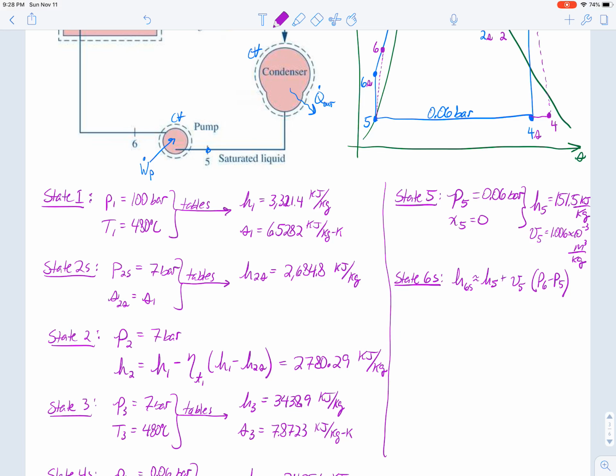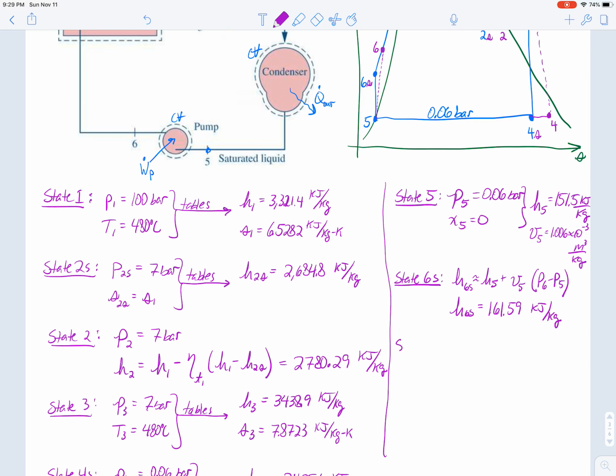If you're confused on this, look back at the notes from the last class. The specific volume, assuming an incompressible substance, times the pressure change, comes from the reversible work of a control volume. I have to do property evaluations, and then I also have to worry about unit conversions. I'm not going to spend time doing that. You should be able to. And I find that state 6S, the enthalpy is equal to 161.59 kilojoules per kilogram.